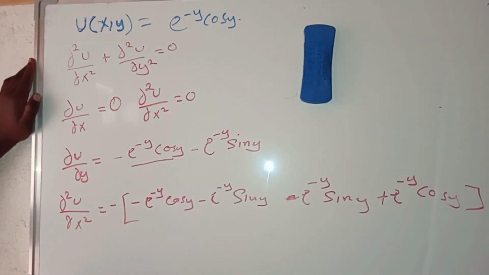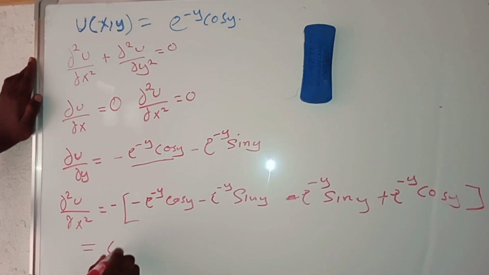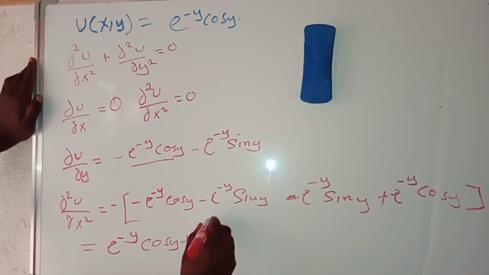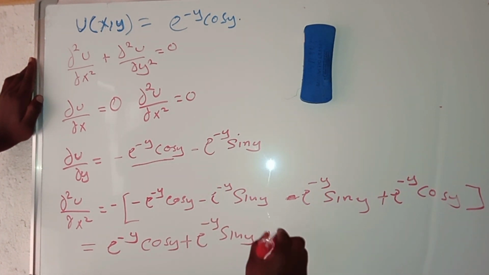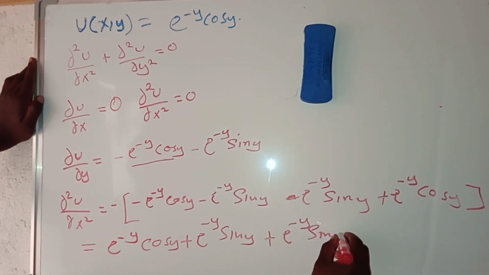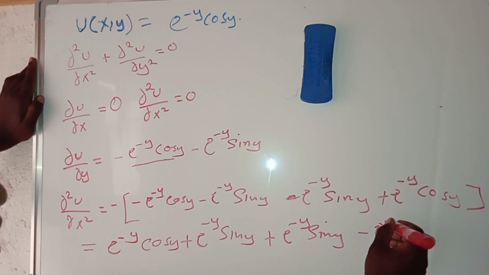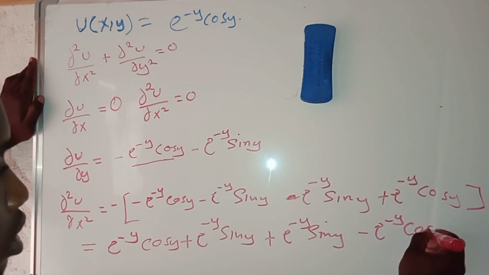Cos y. So you open with the negative. You have e to the negative y cos y plus e to the negative y sin y plus e to the minus y sin y minus e to the minus y cos y.